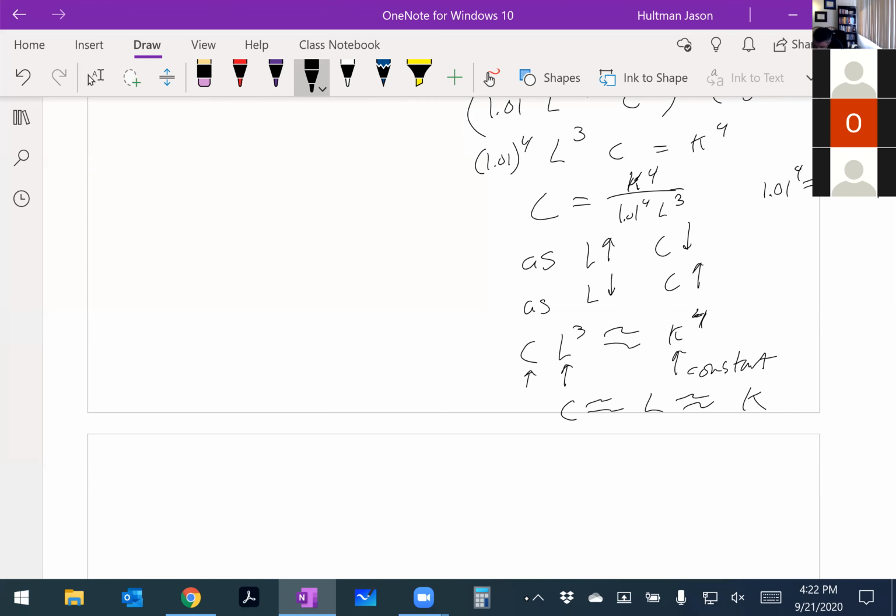C is approximately equal to L, because if you were to replace L here with K and C, you would get L times L cubed is equal to L to the fourth, which checks, right? We're just saying in a general sense that this relationship holds because of the nature of the function.